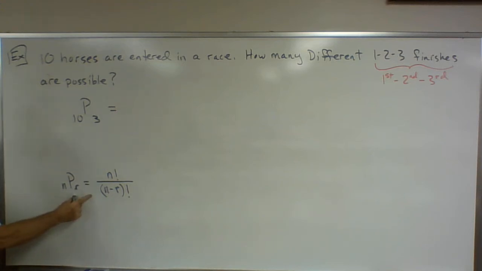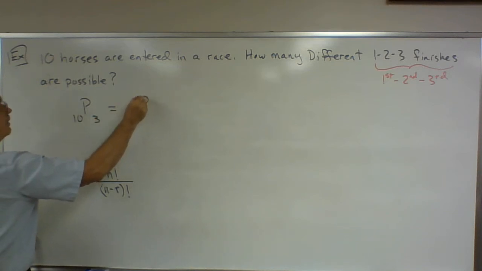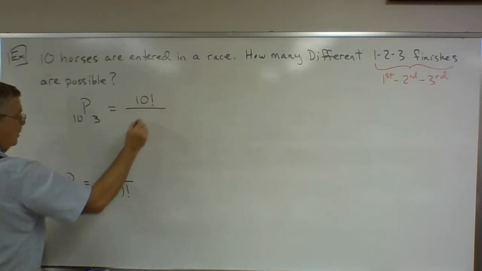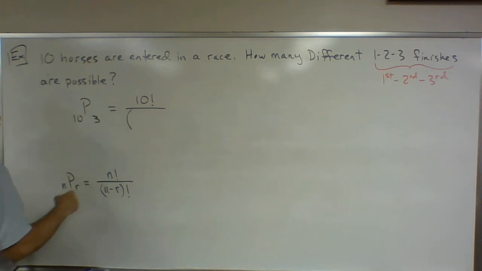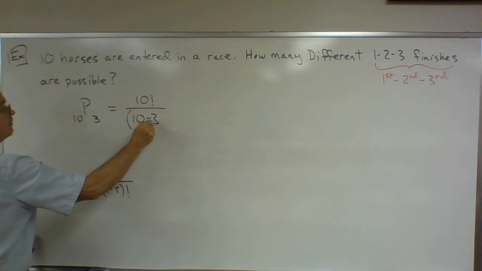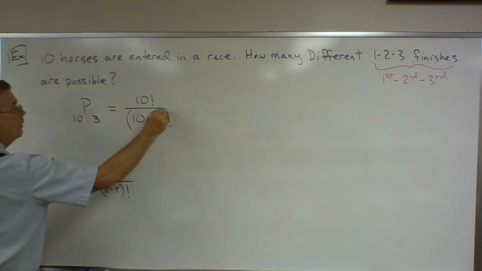And from this formula, n is 10. So we're going to get 10 factorial over n minus r, 10 minus 3 factorial.